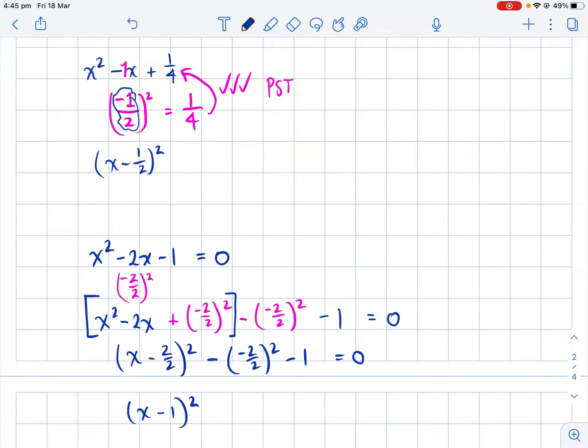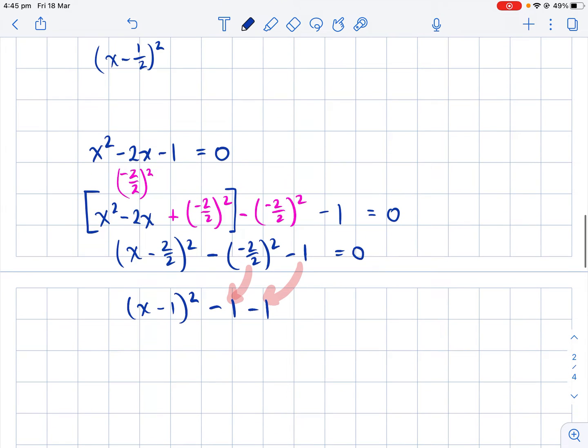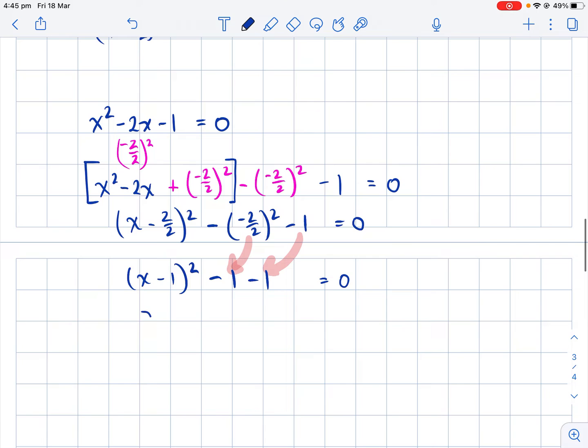Then -2/2 is -1, and then if you square it, -1 squared becomes +1. So that's -1, -1. And note that second -1 I just drew is this -1, and this one's this -1. And all of that is equal to 0. Sweet, tidy that up just a smidge more. We get x minus 1 all squared minus 2. And the equation equals 0.